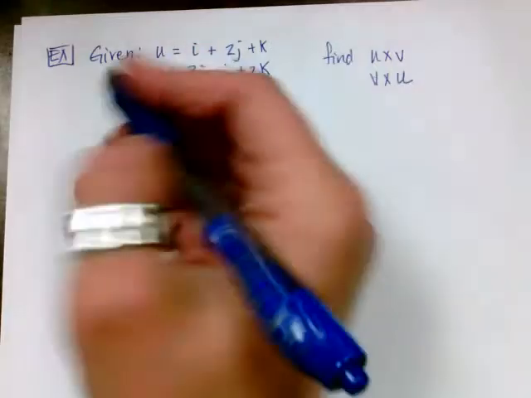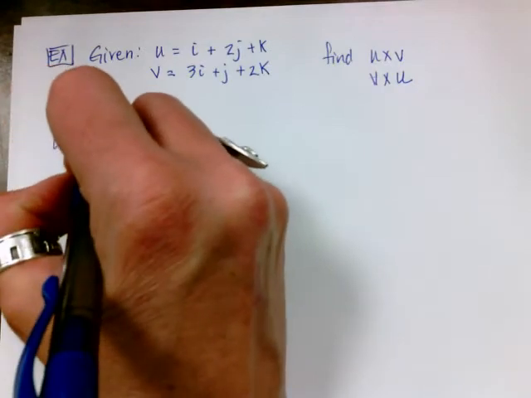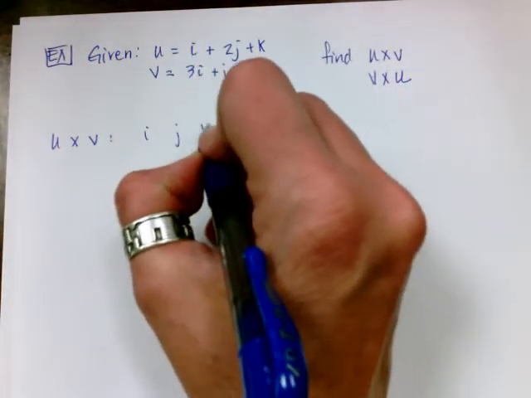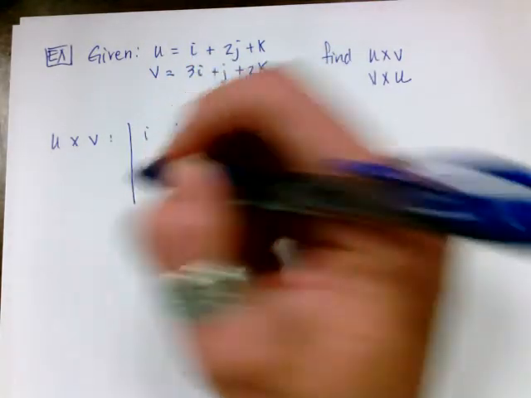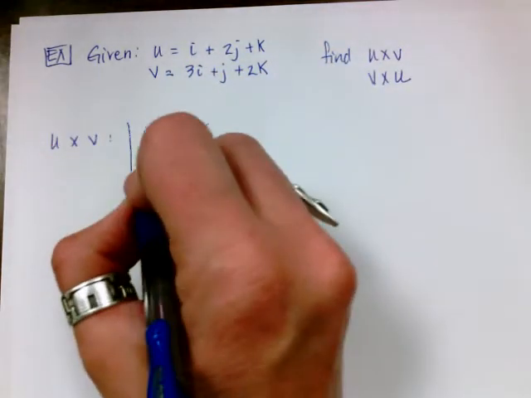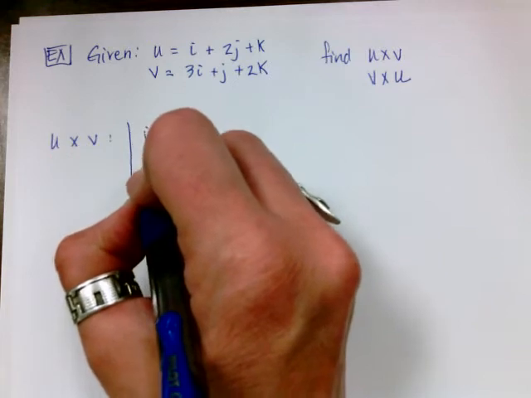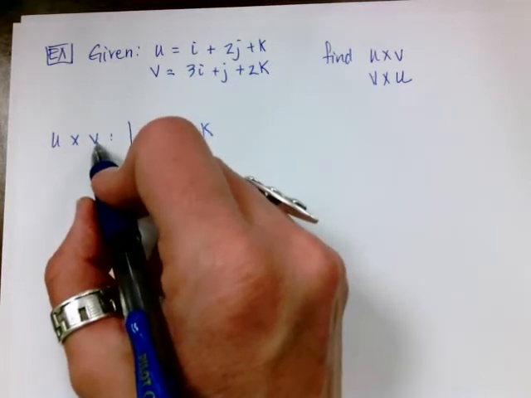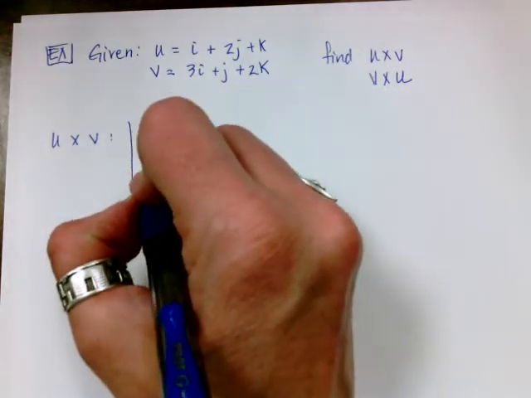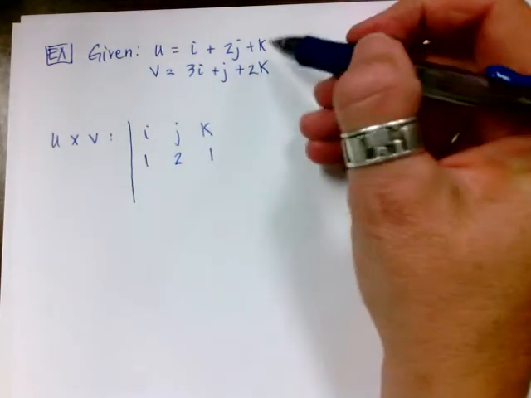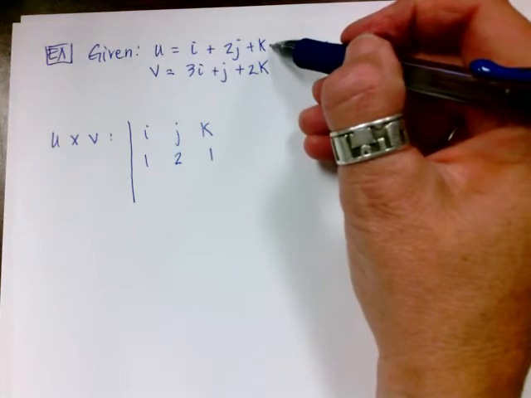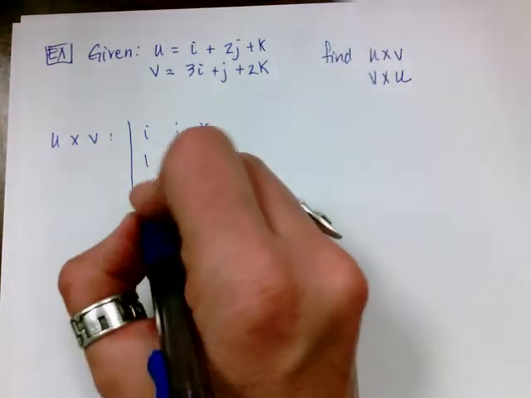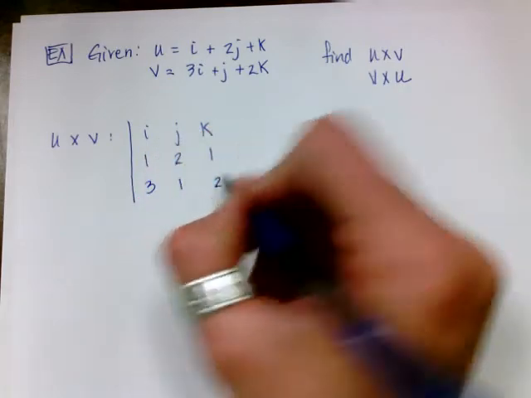So if I do U cross V, I'm going to put my I, J, K at the top, and put my little bars, and then I'm going to put U in the second row. The order is important because of the way that we're managing the order of our cross product. So this is going to be 1, 2, and 1, using the coefficients of the individual components for my U vector, and then 3, 1, and 2.